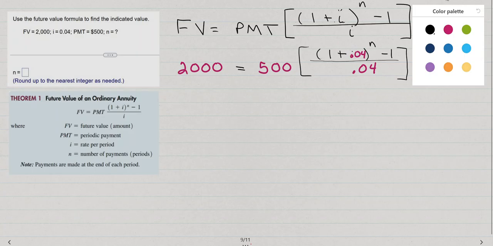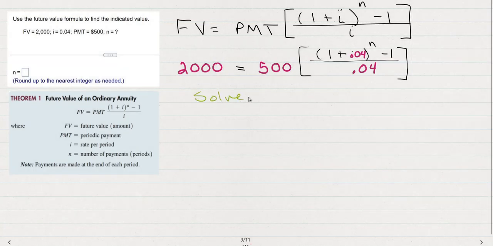This is where most students were making a mistake, once we get to solving it. So here's what it would look like when I solve this. I'm going to start by dividing both sides by 500 and multiplying both sides by 4/100ths.